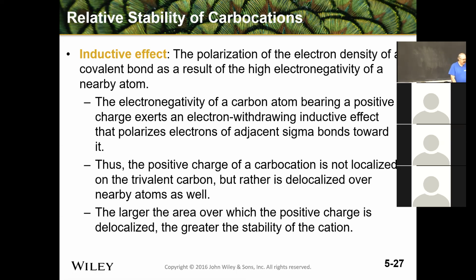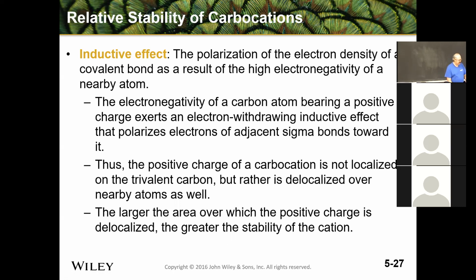The electronegativity of a carbon atom bearing a positive charge exerts an electron-withdrawing inductive effect that polarizes electrons of the adjacent sigma bonds toward it. Thus the positive charge of a carbocation is not localized on the trivalent carbon, but rather it is delocalized, or shared over nearby atoms as well.